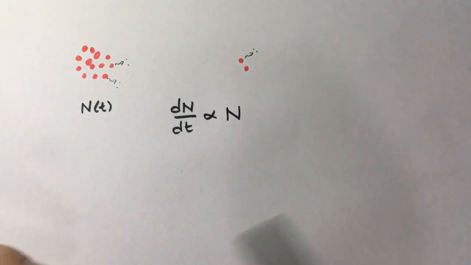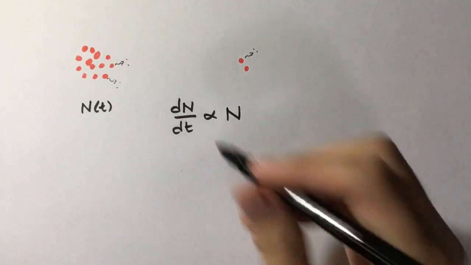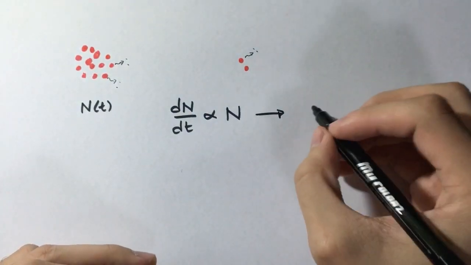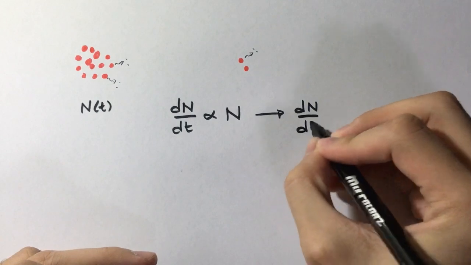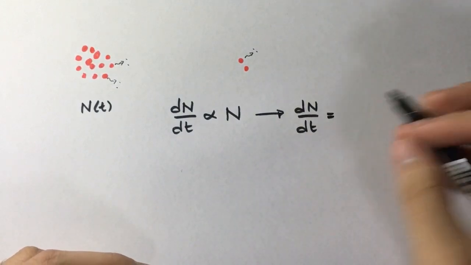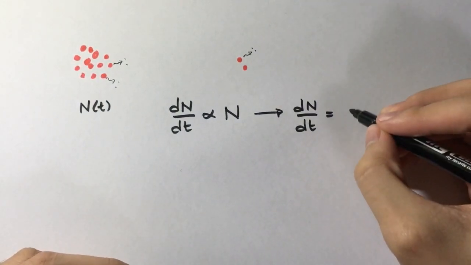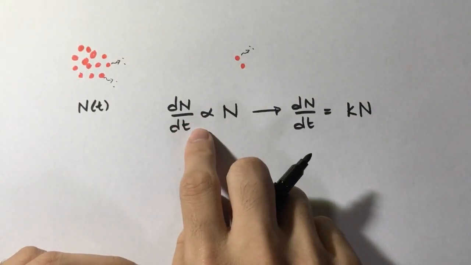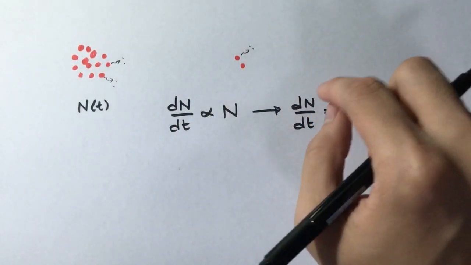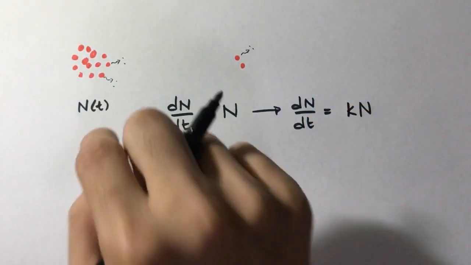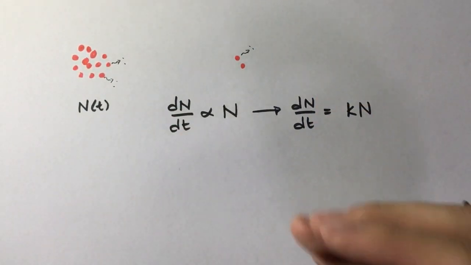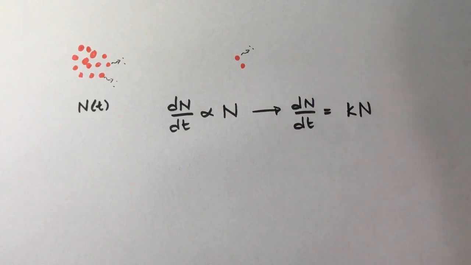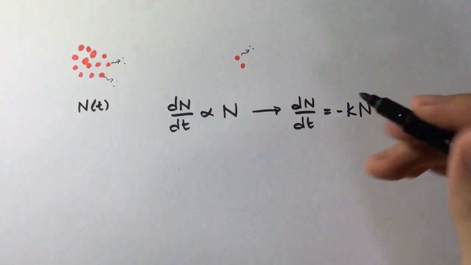Proportionality we can turn into an equation: dn/dt equals some constant, we'll call it k, times n, because that's what proportionality means. And because the rate of change of the number of particles should be negative, since we have fewer and fewer atoms as they all decay, we add a negative sign.